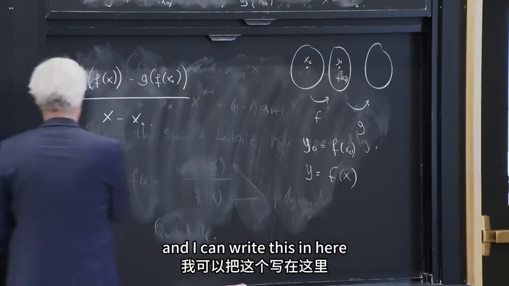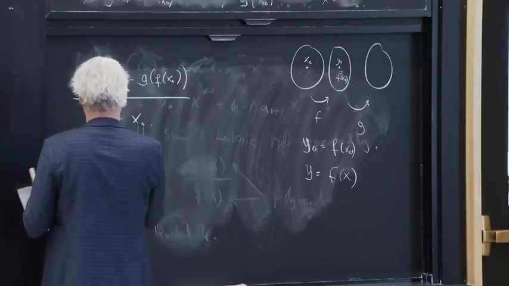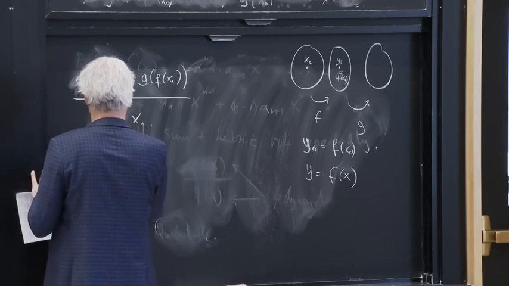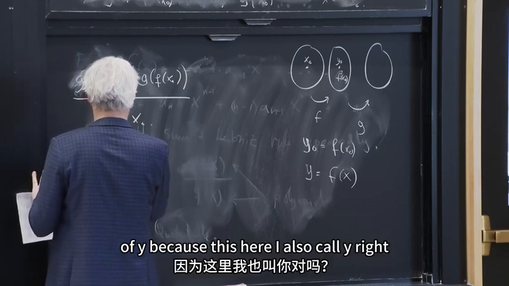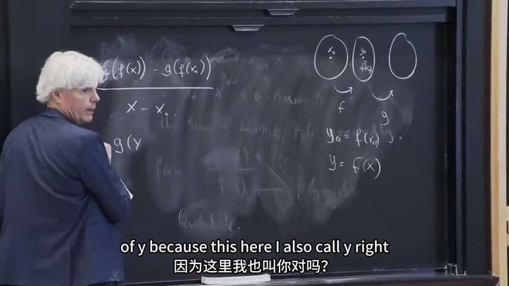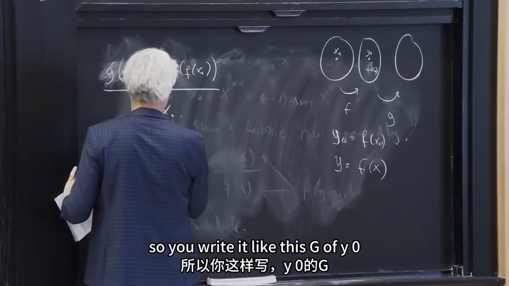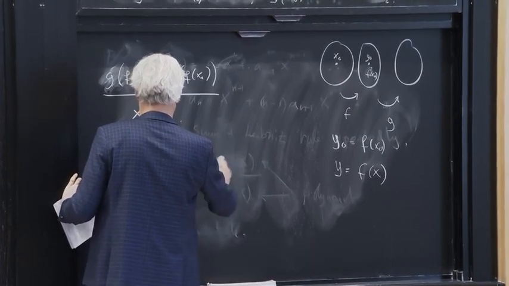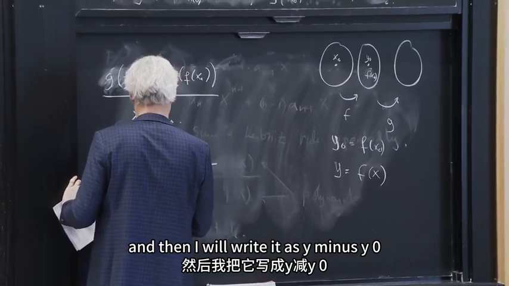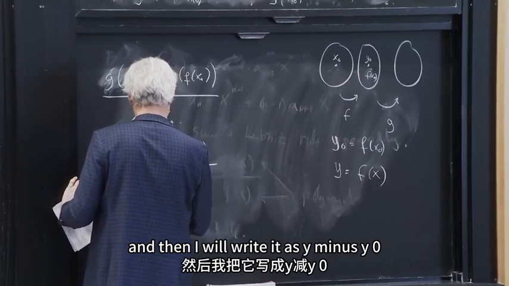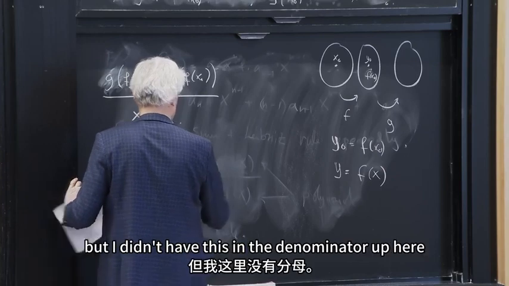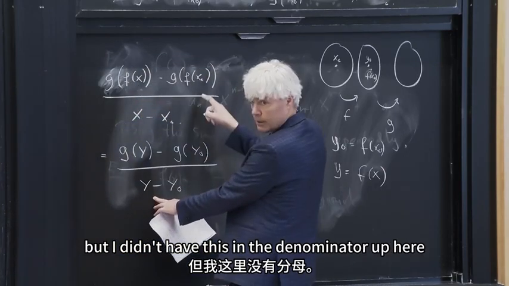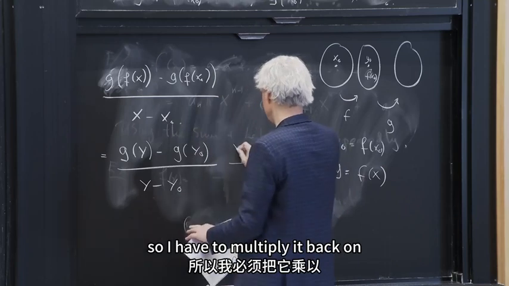And I can write this thing here as g of y, because this here I also call y. So you can write it like this, g of y minus g of y0, and then I will write it as over y minus y0, but I didn't have this in the denominator up here, so I have to multiply it back on.